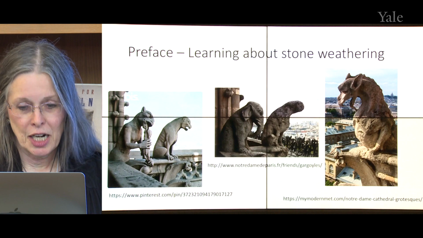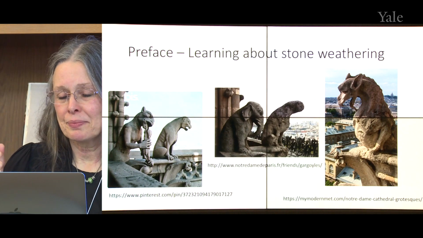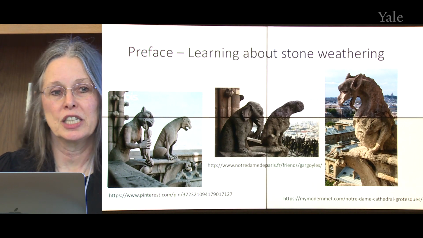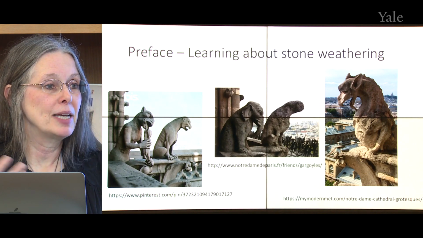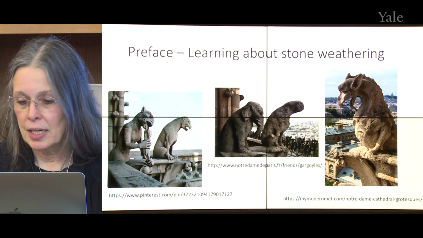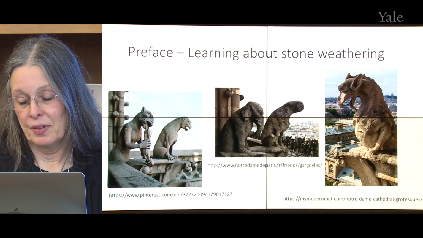I thought I'd start by ripping from today's headlines. One long-term project that I work on in fits and starts is learning about stone weathering from the point of view of computer graphics, how to make realistic models, and from the point of view of conservation, what are the mechanisms and how can we avoid it.